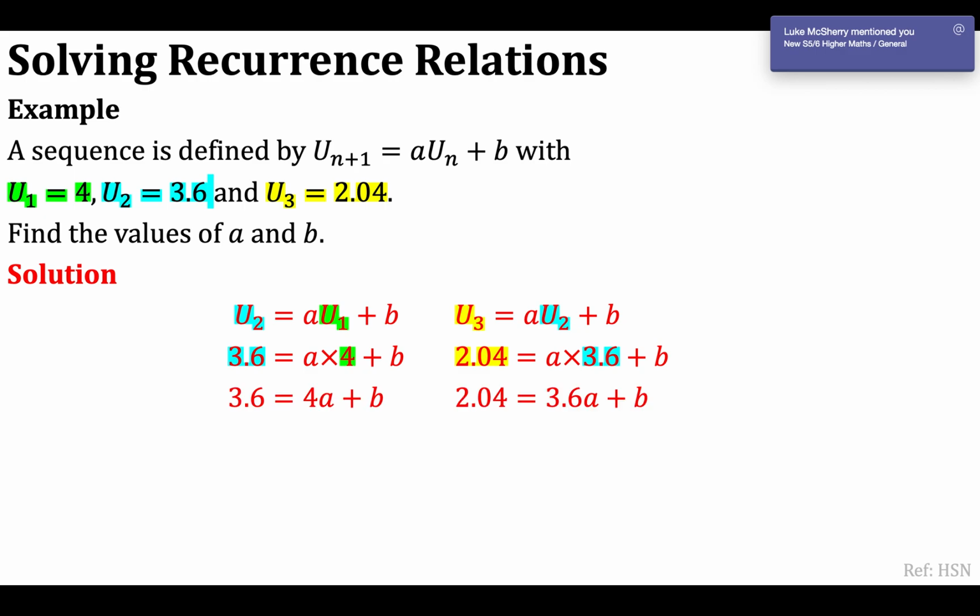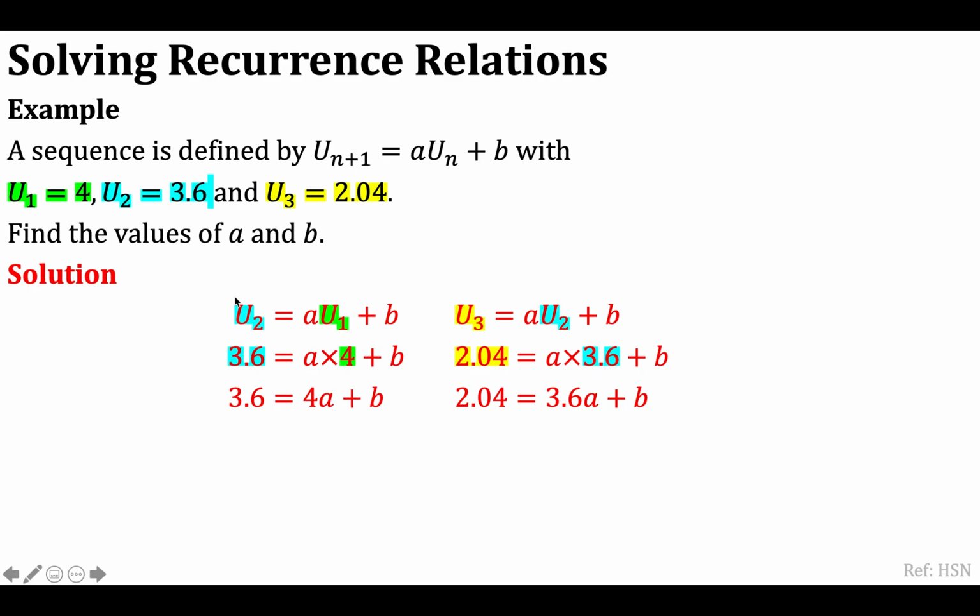Just tidy those up. So that's 3.6 is equal to 4a plus b, and 2.04 is equal to 3.6a plus b. I started off showing you 3 equations, but remember we've only got 2 unknowns, a and b, so I actually only need 2 equations to be able to solve for those 2 unknowns.